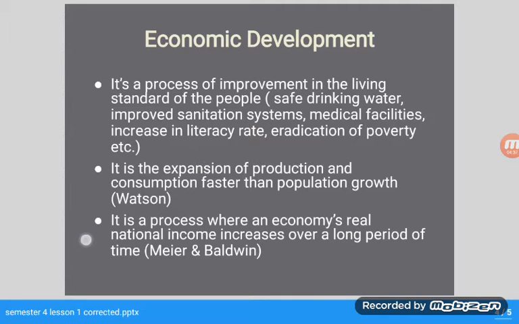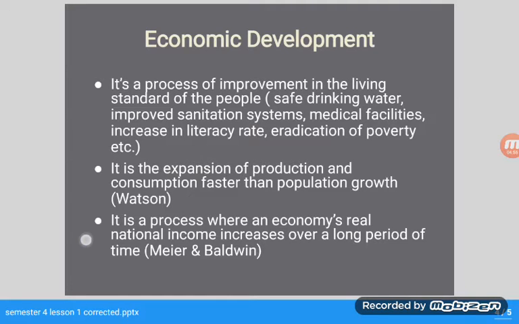Then I have given the definition of Mayer and Baldwin. According to them, economic development is a process where an economy's real national income increases over a long period of time. Note here that they have also used the words real national income.